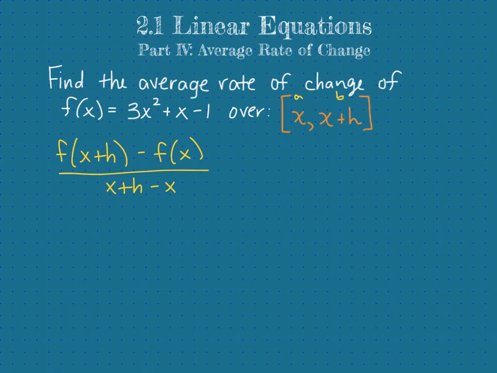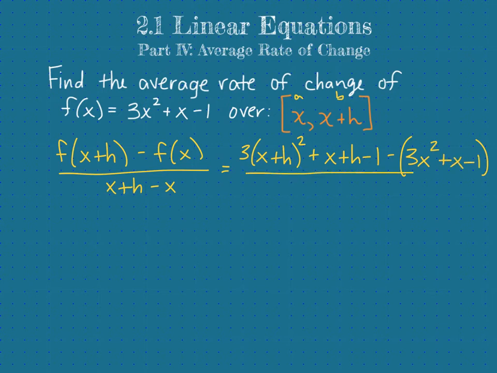Now f of x plus h is something that we've done already, so I don't need to go super in depth with what that looks like, but we will plug in x plus h everywhere there's an x, and we know how to square x plus h at this point. I'm not going to put this x plus h in parentheses since it's not being multiplied by anything. Minus 1, and then I'm subtracting f of x, so I need that in a parentheses because when we subtract we do have to distribute that negative sign. And then if you look in the denominator, the x's end up canceling out, so it's actually just over h.